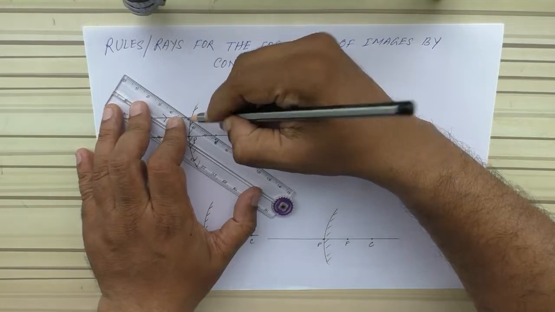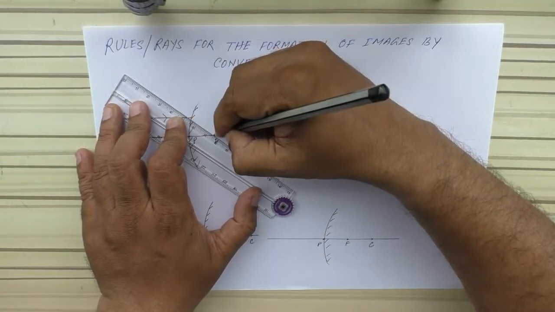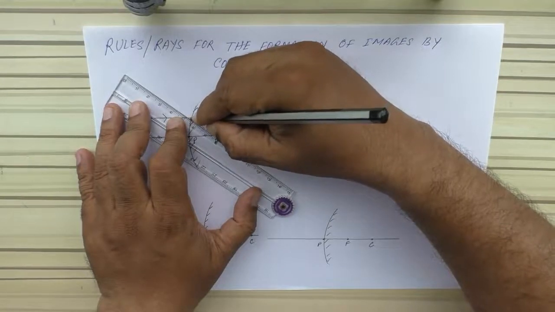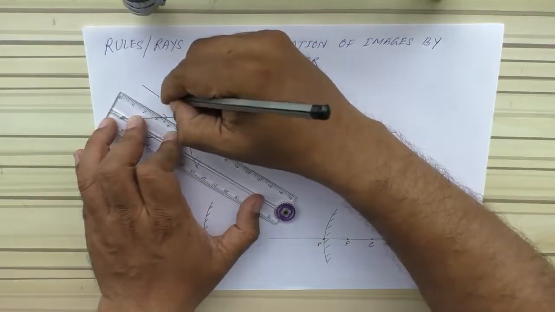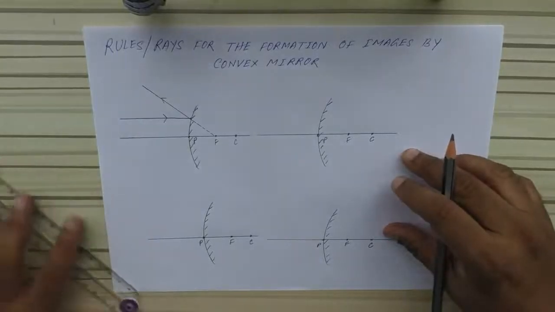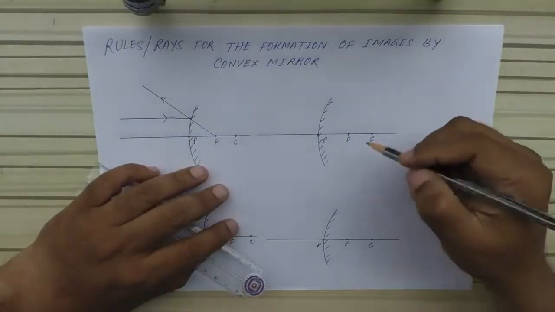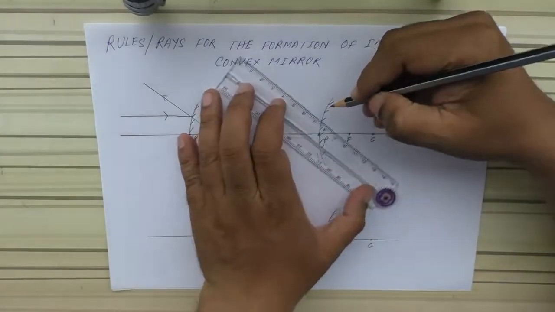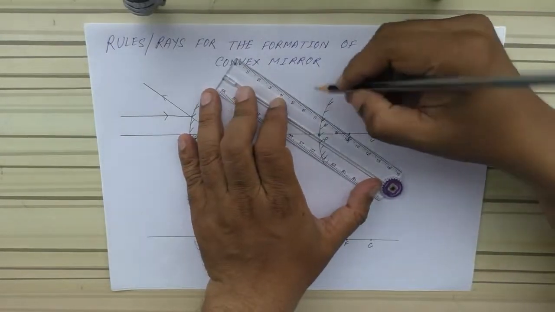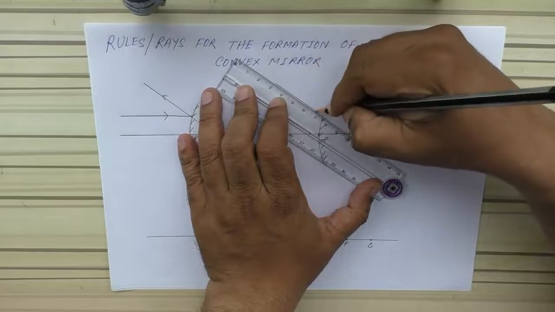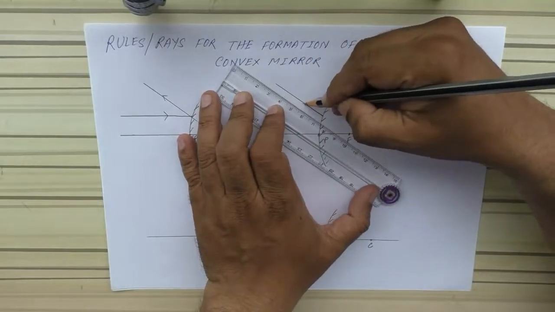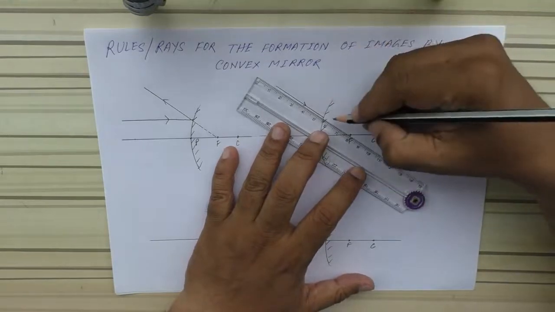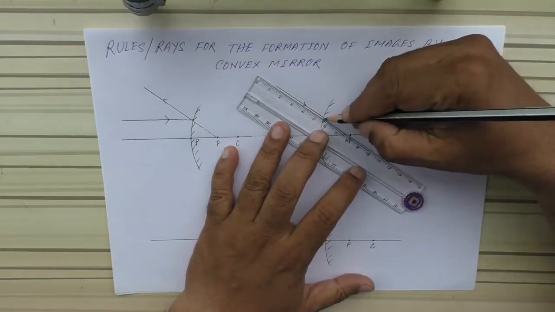You should draw like this. First you draw the dotted line from focus. This light ray appears to diverge from focus. And the second one, opposite of the first one: if a ray of light appears to converge at focus, it is going towards focus. We know that it cannot reach focus, it appears to converge at focus.